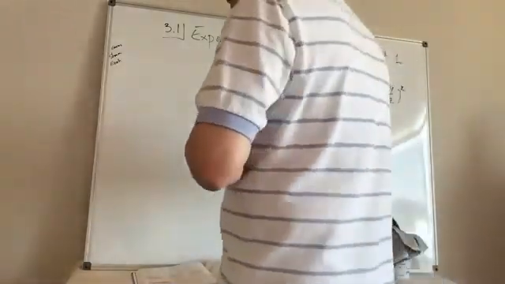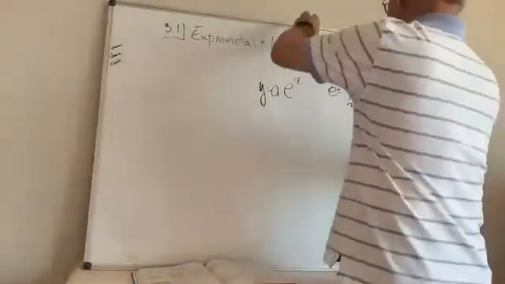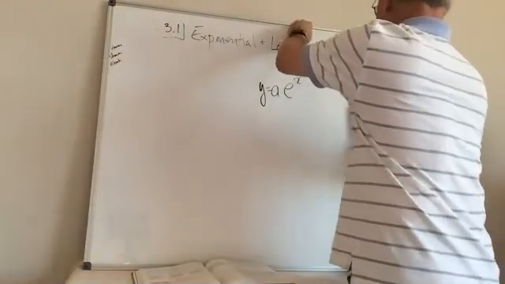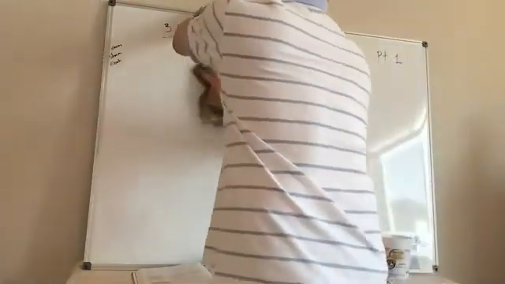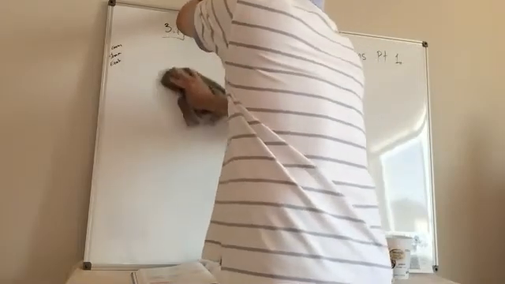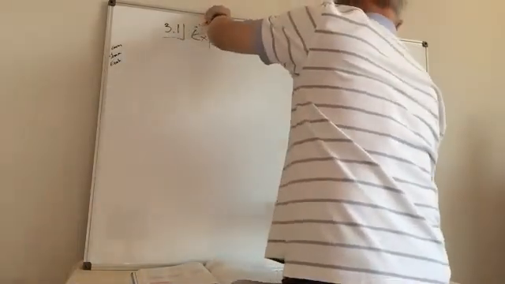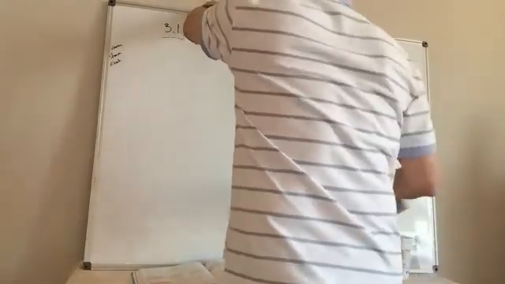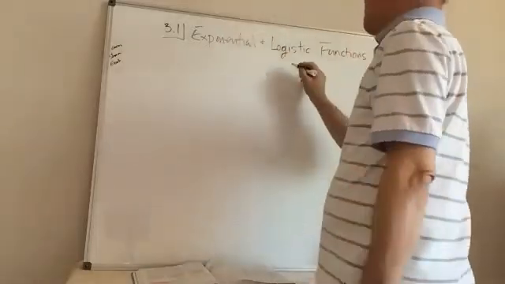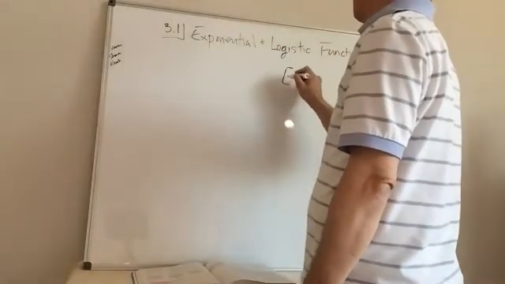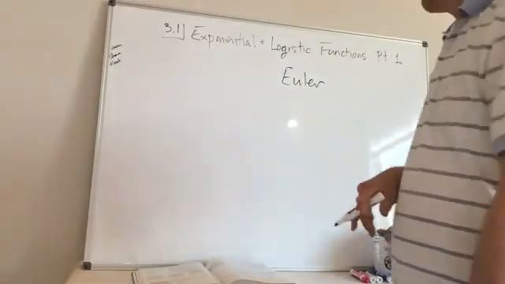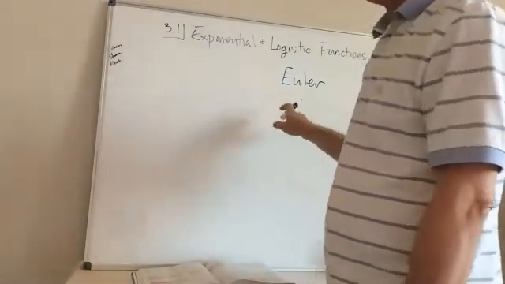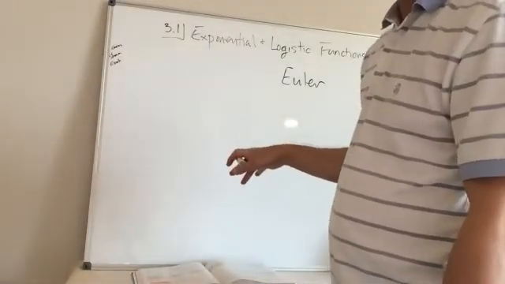Does anybody know why we call the e e? Where the e comes from? Does anybody know? Nobody knows? All right. e was developed by a mathematician called Euler. Yes, this is pronounced Euler, not Yuler.